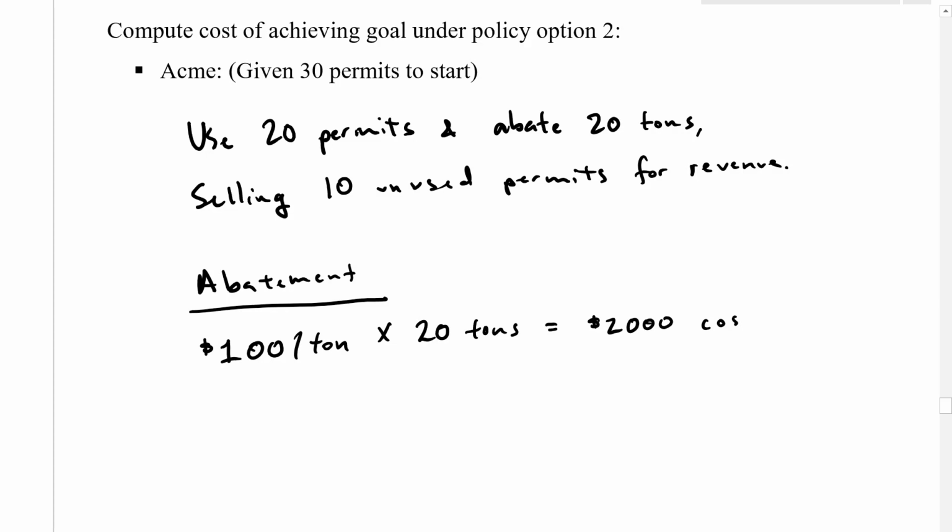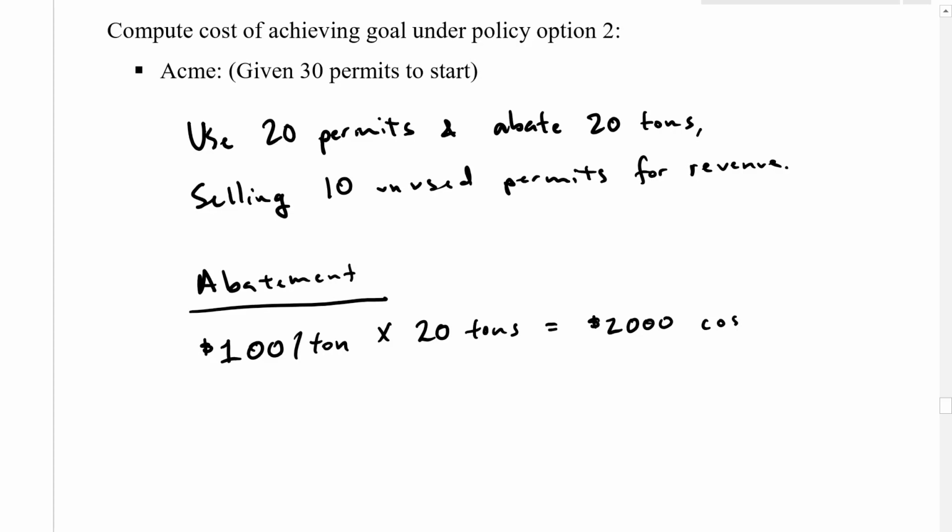Then they're going to have some revenue from the sale of 10 permits, which we set up here, $150 each. So that's $150 per permit times the 10 permits that they're selling for $1,500 in revenue.